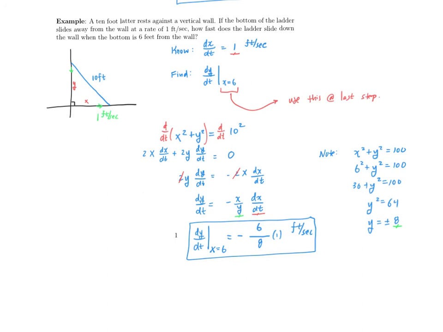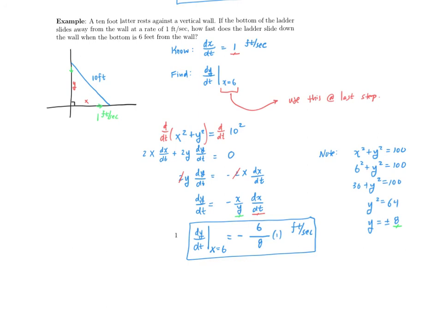Lastly, what I would like to observe is that there's kind of an overall procedure related to these problems. As we read through the problem, we draw a picture. Any quantity that changes with respect to time, we label with a variable, some type of letter or symbol. We write down the rates of change that we know and the rate of change that we want to find.